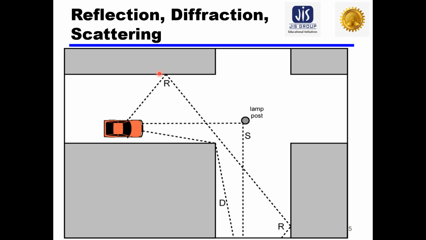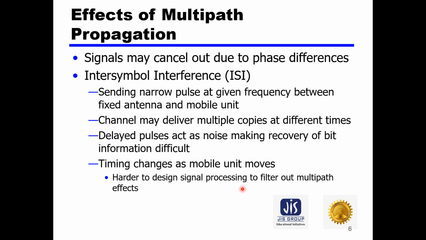These three signals may combine or converge at a certain point, and at that point, if two signals are out of phase with each other, then what will happen? The signal strength will become zero, or the signal will be cancelled out.